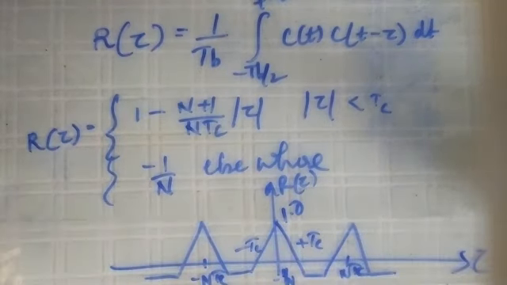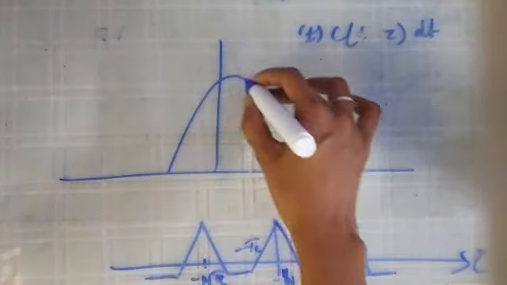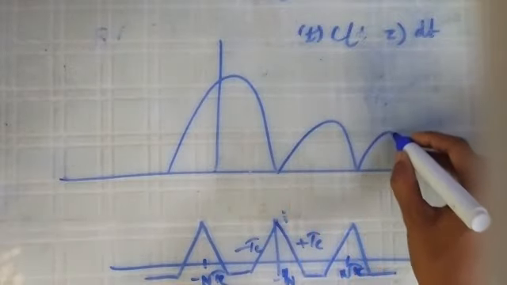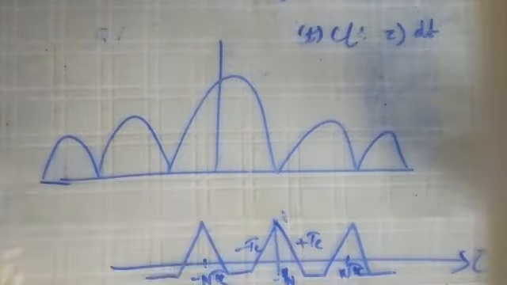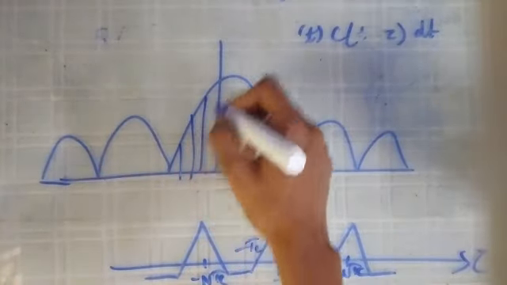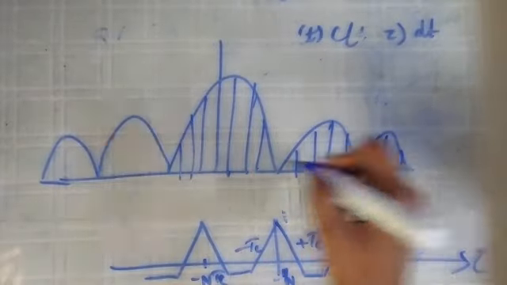Now if you consider the power spectral density, isn't this a periodic function? If you plot the power spectral density of a PN sequence, how do we get it? We get it this way. If you sample it, you get it this way.